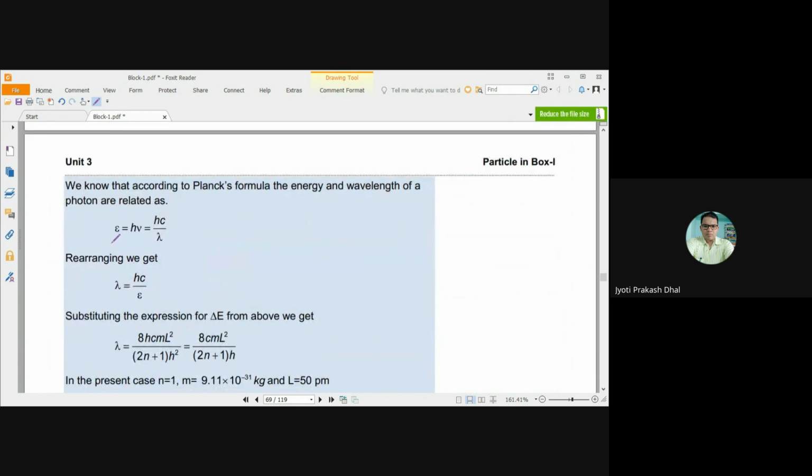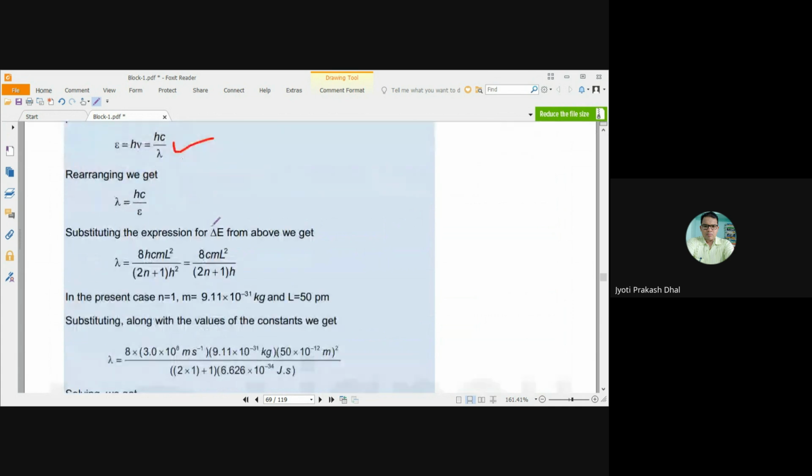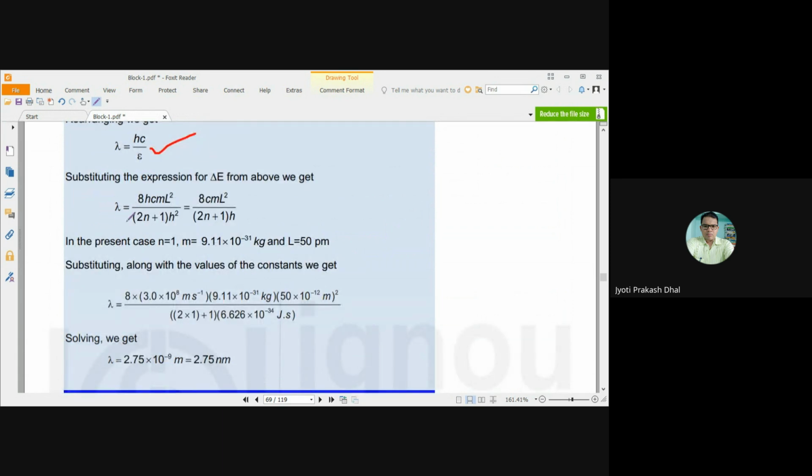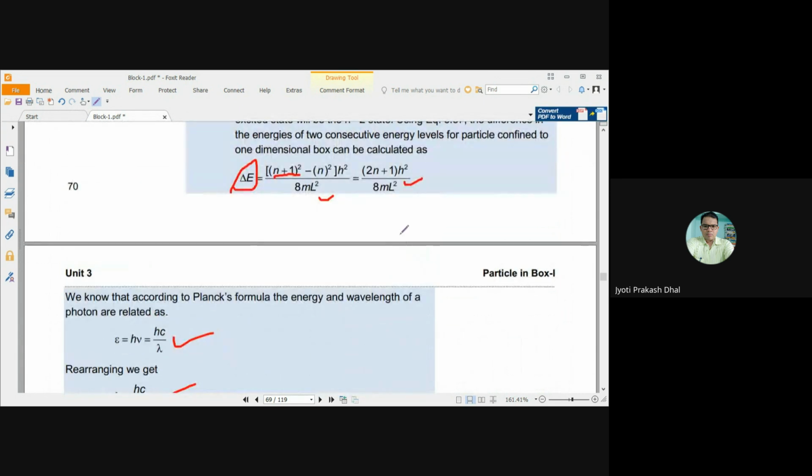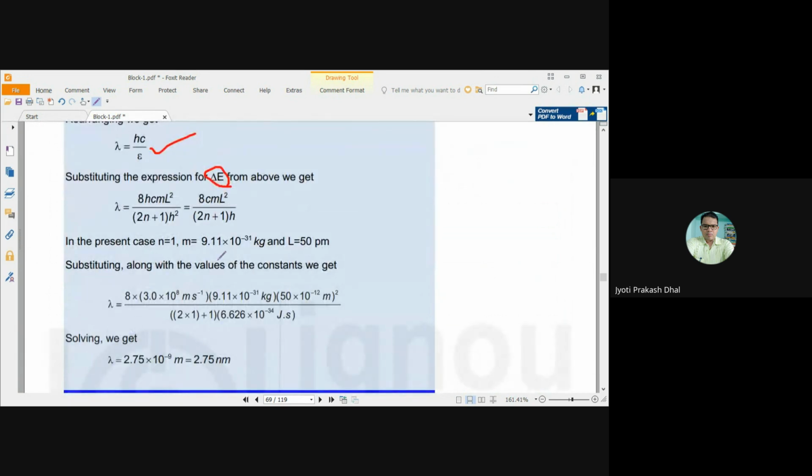And according to Planck's formula, E equals h nu, that is hc by lambda. Rearranging, lambda equals hc by delta E. So writing the expression for delta E, we can write lambda equals 8 c m L square divided by (2n plus 1) whole into h.